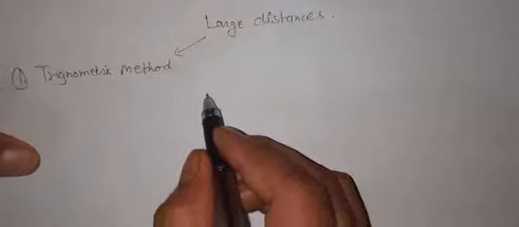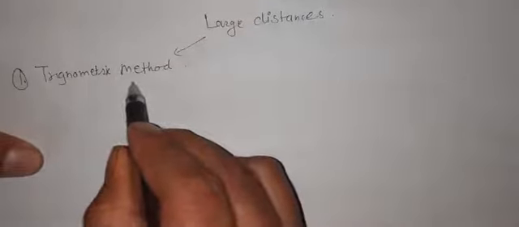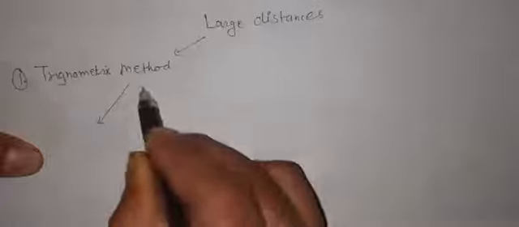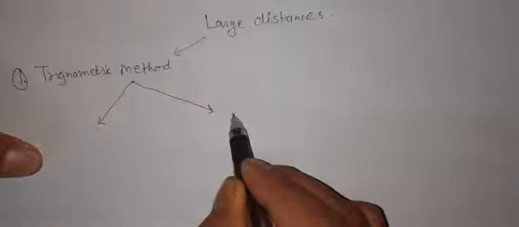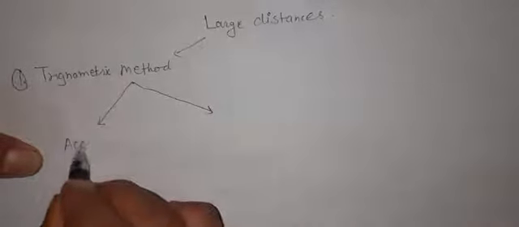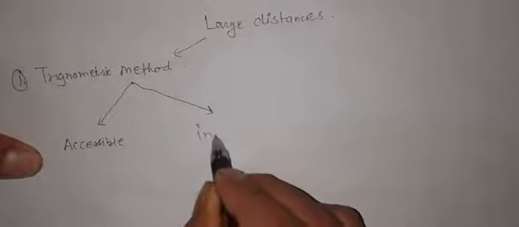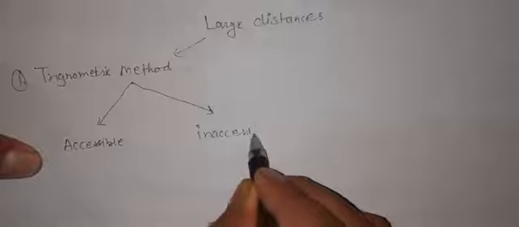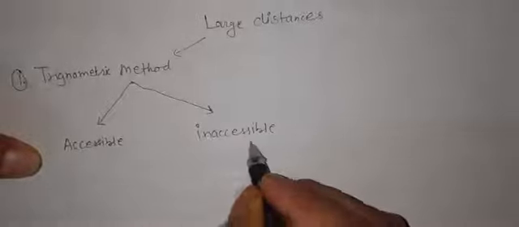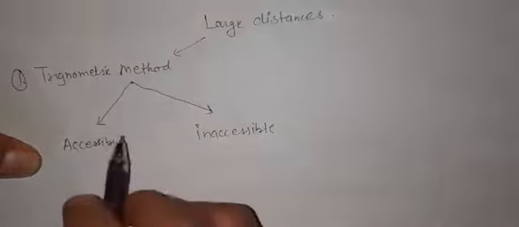Students, we can use this in two conditions. One is said to be accessible, while the other is said to be inaccessible. So there are two conditions for which we can use the trigonometric method.